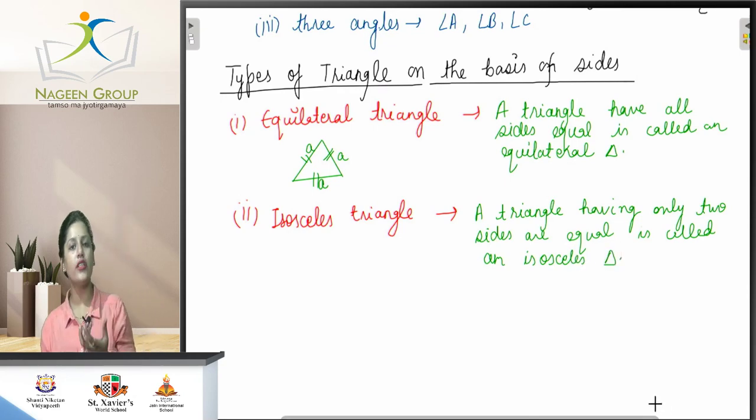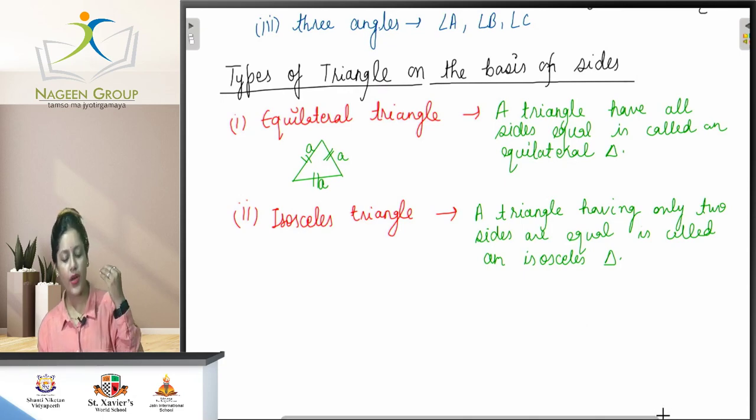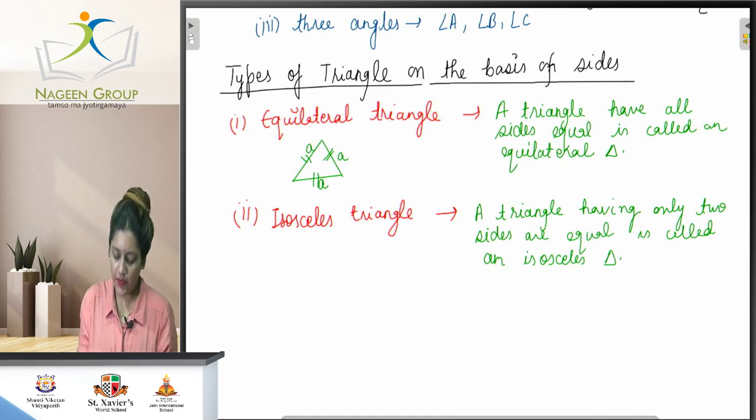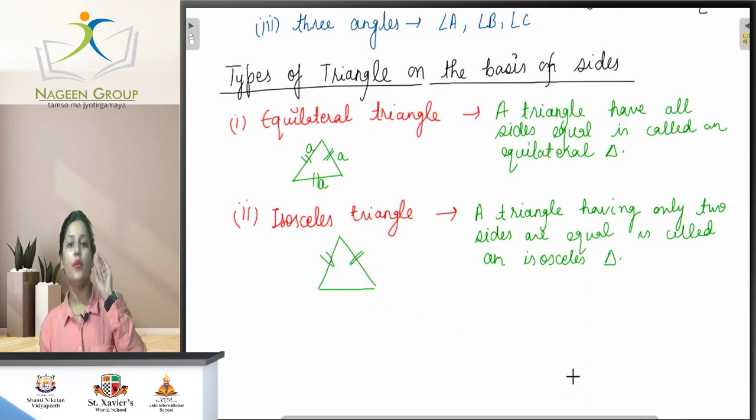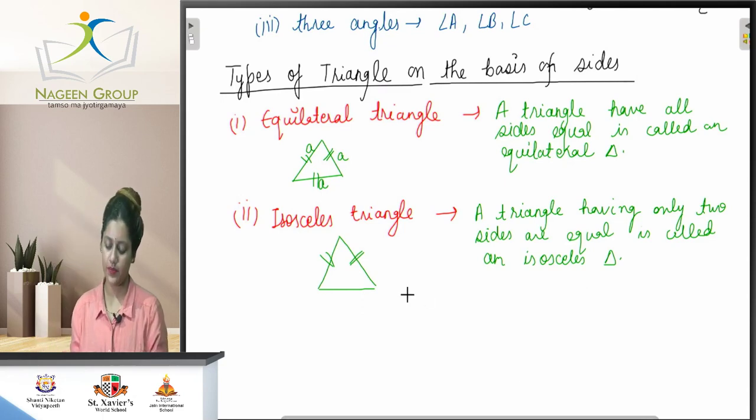It has only two sides equal, while the equilateral has three sides equal. But here isosceles means having two sides equal. So if we make a diagram here, it has only two sides equal, which can be any two, doesn't mean only the upper two or lower two or the base; it means any two sides are equal.